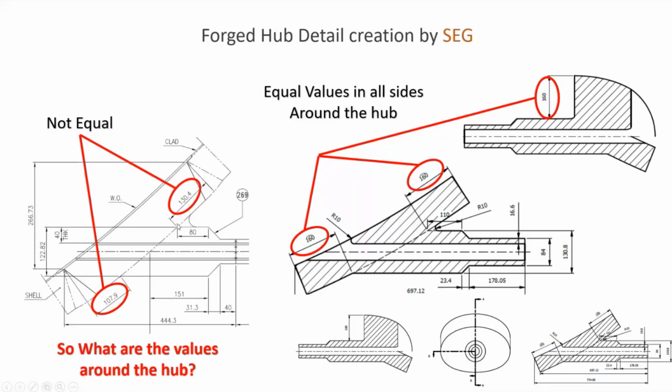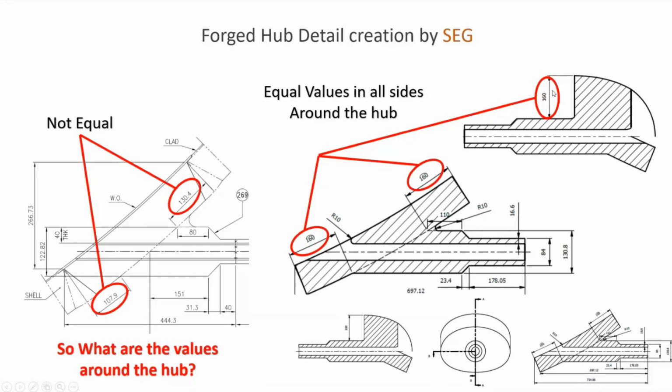insert bed or the lip of this forged hub, you give it two different values on the two sides. Okay, in SEG Software, we give one value, and this value is a constant value around the hub itself. So if you take a section on any side of this hub, you will find this value is constant on all sides.